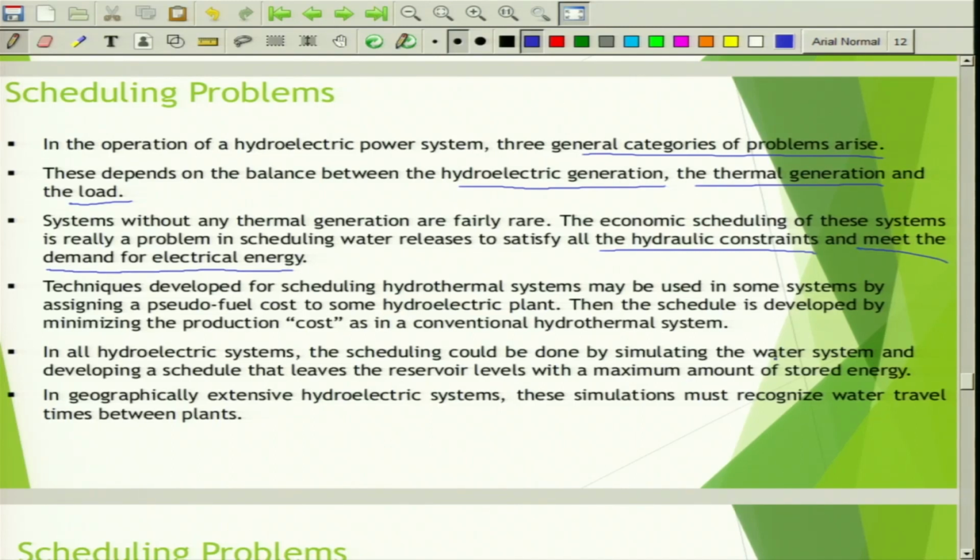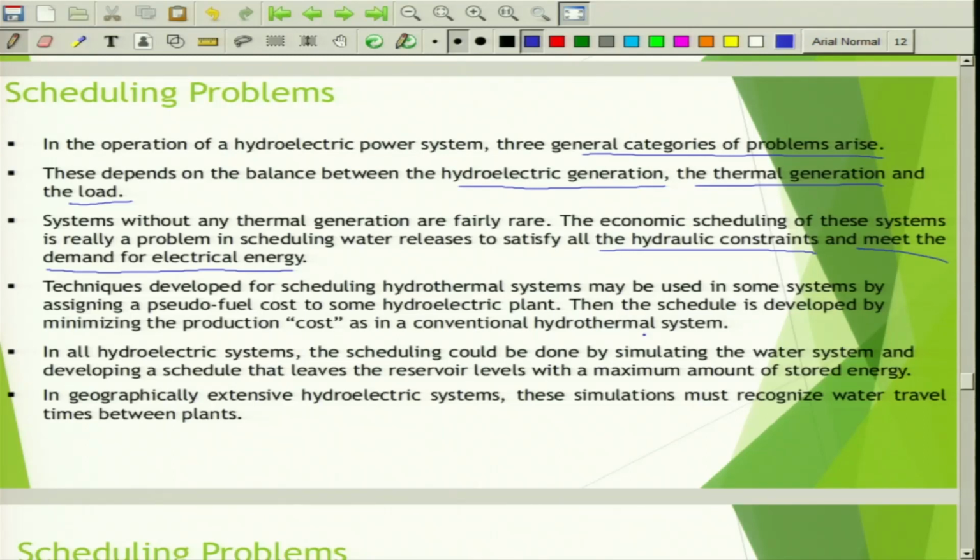You have so many constraints I have already discussed of hydropower plant, and thermal units also have their own constraints. Meeting the load demand while meeting these constraints and simultaneously achieving cost minimization, it is a very tedious job. So, techniques developed for scheduling hydrothermal systems may be used in some systems by assigning a pseudo fuel cost to some hydroelectric power plant.